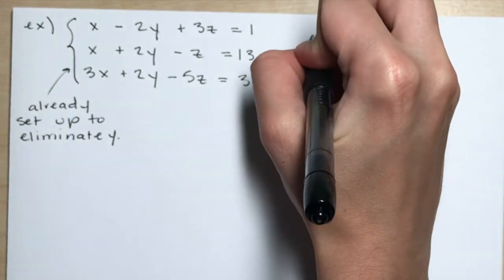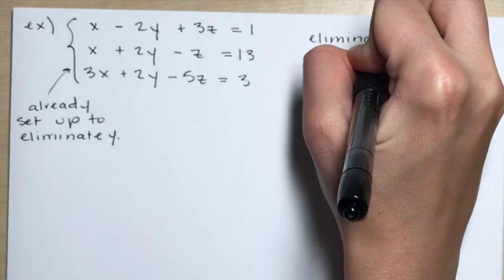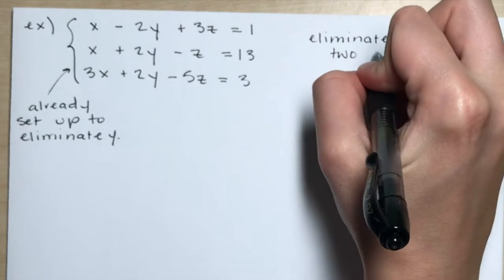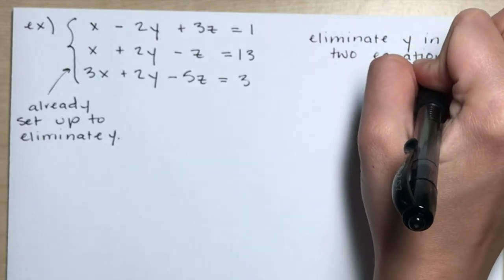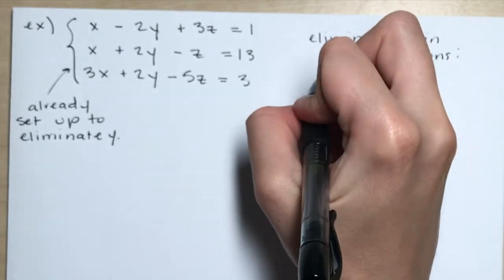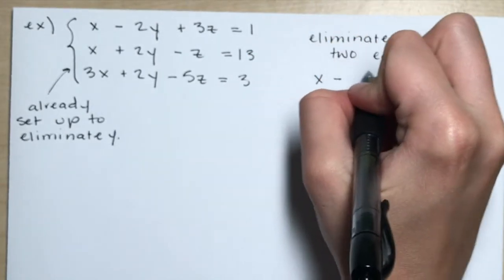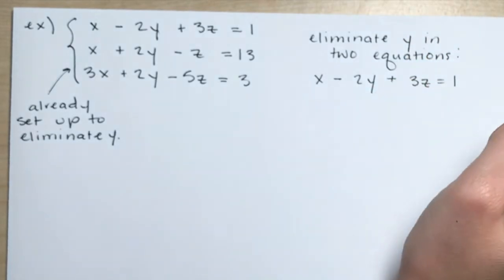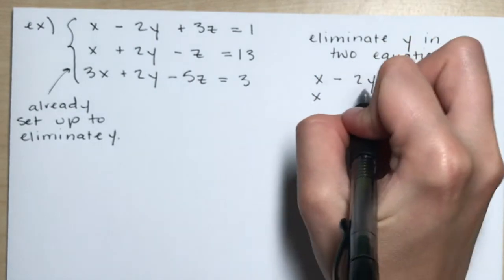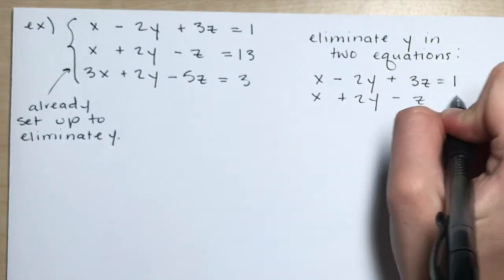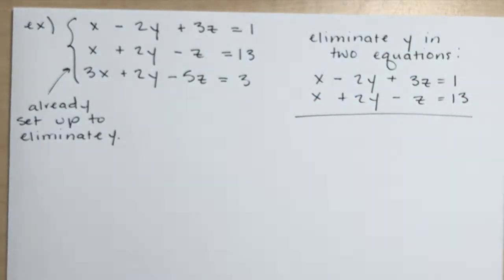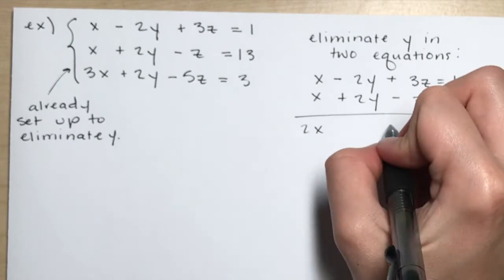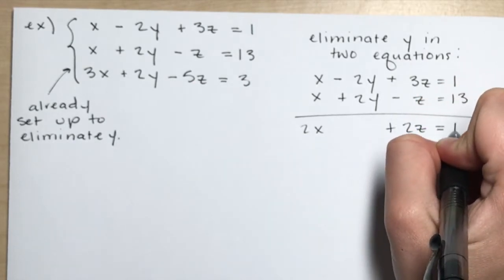So let's do that here. So first equation, x minus 2y plus 3z equals 1, and x plus 2y minus z equals 13. We add these guys up, we get 2x plus 0 plus 2z equals 14.